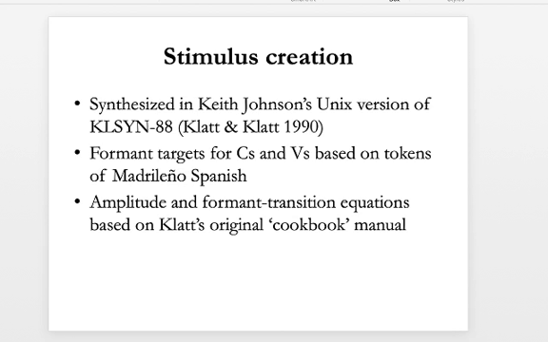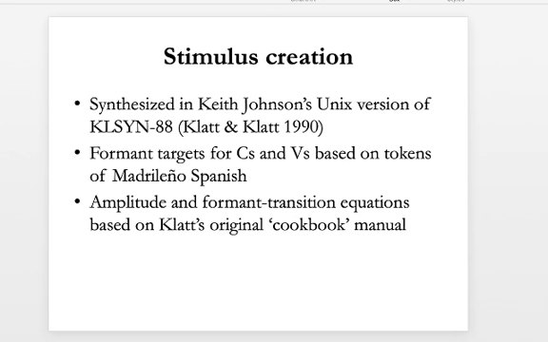All right, so what did we do? First, we made some syllables. We synthesized these in a more recent Unix software update of the KLSYN synthesizer, which allows really fine-grained control over acoustic details in speech synthesis. We based these syllables on the formant targets and transitions in consonants and vowels from a few tokens of Madrileño Spanish, which does show this kind of spirantization pattern.